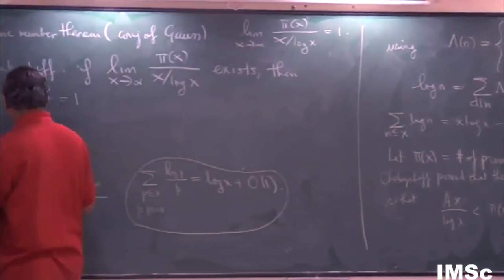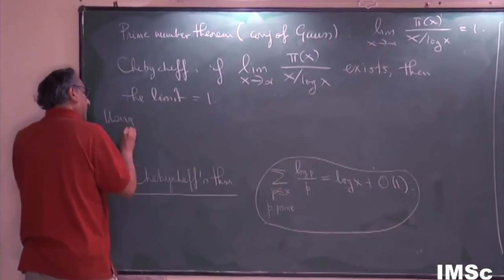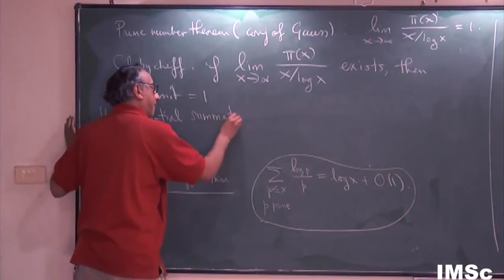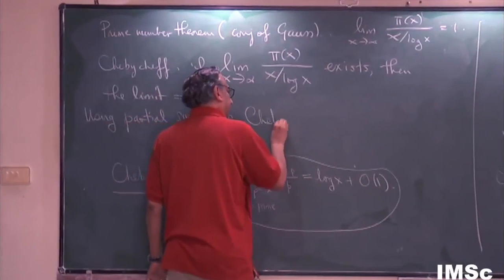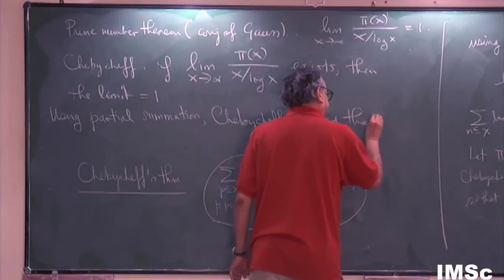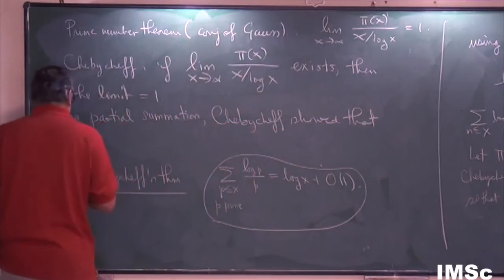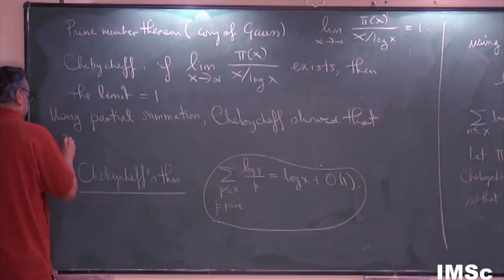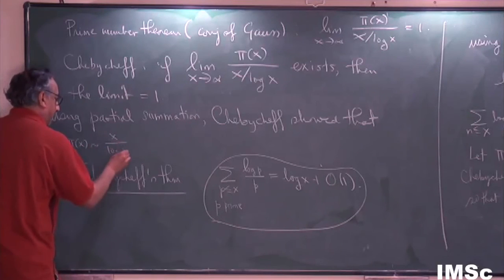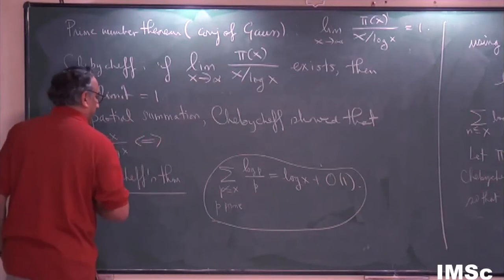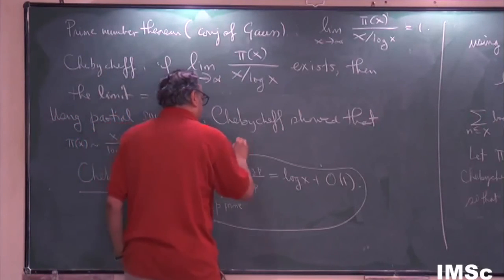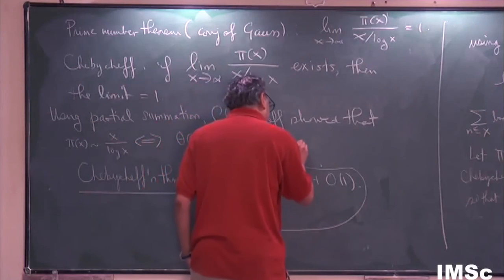So what he first showed, using Abel's lemma, or partial summation, was that pi of x being asymptotic to x over log x is completely equivalent to saying theta of x is asymptotic to x, which is completely equivalent to saying psi of x is asymptotic to x.